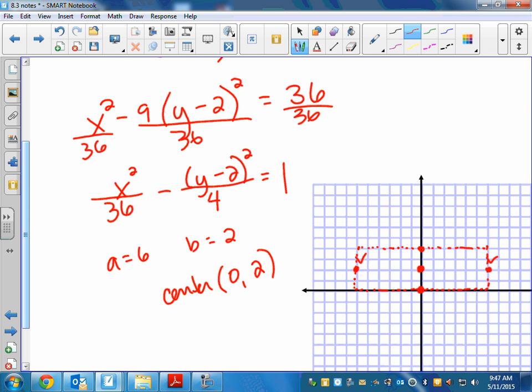And then I know that my asymptotes are going to cut right through the center, through the corners of that rectangle, right? This one's going to be a lot smaller than our last one. So then starting here, I'm just going to follow my asymptotes.